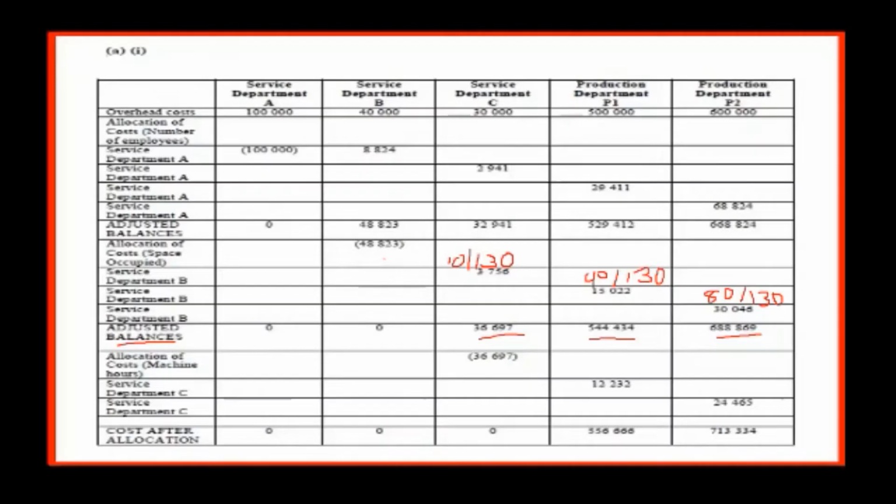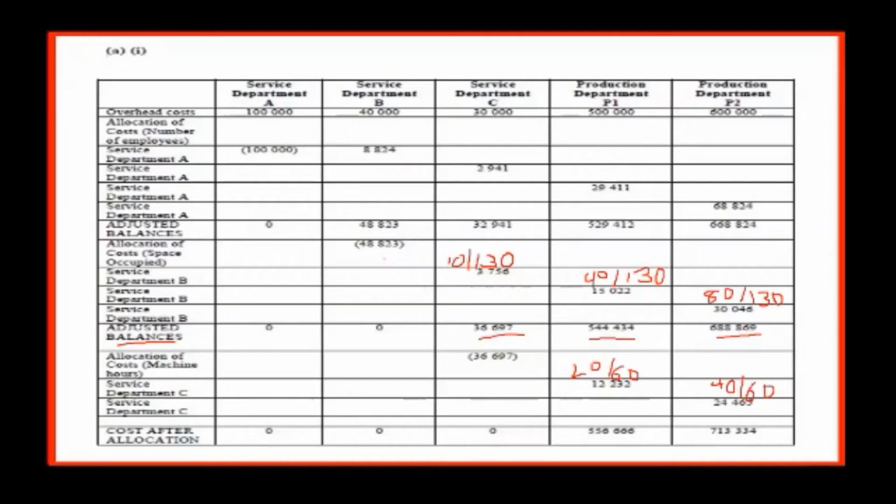So here will be 20 over 60, which is equal to 1/3. And here will be what, 40 over 60, right?